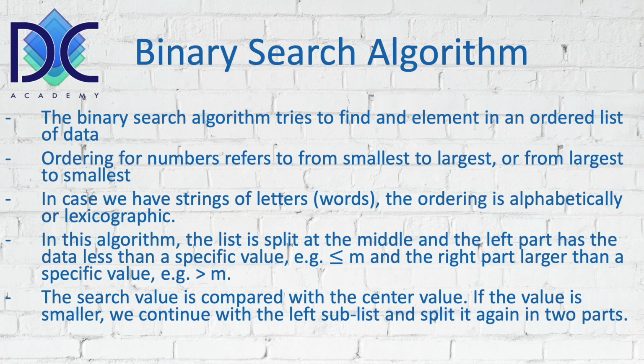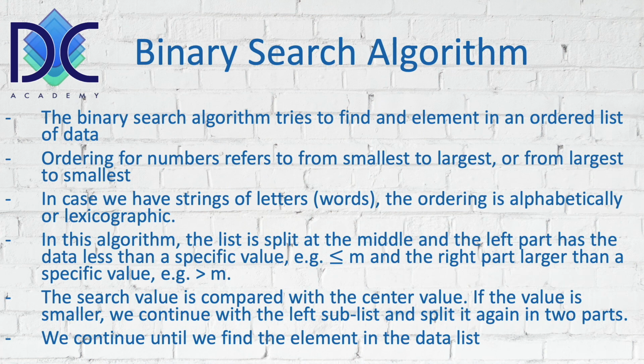If our number is equal to the center value, our problem is solved. If our number is smaller, we split the list in two parts, and we only consider the left part. When the number is higher than the middle value, we take the right part. And we continue this until we find the element we are looking for in the data list.